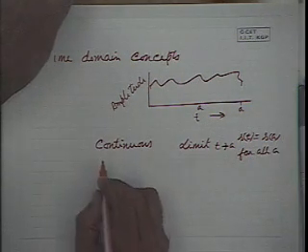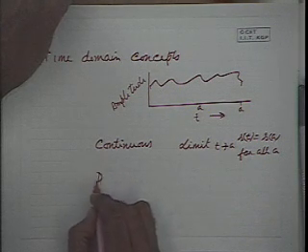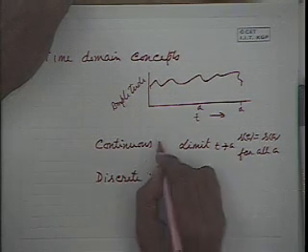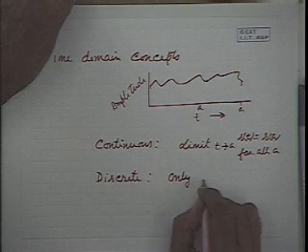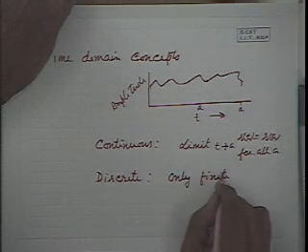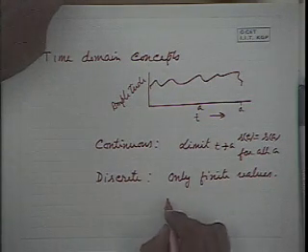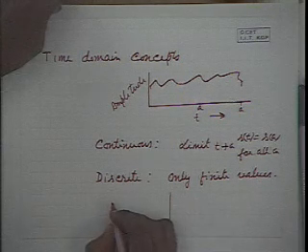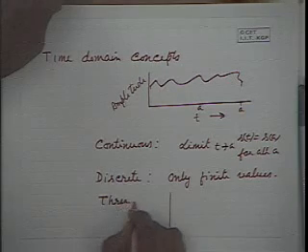Now, on the other hand, it can be discrete, where it has only finite values. For example, say we are representing with the help of 2 or 3 binary bits.